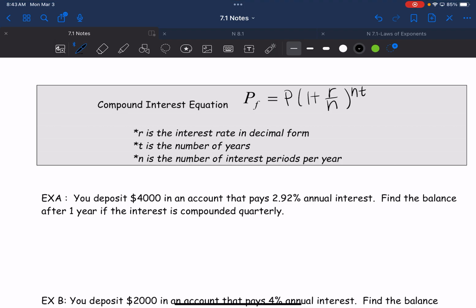T is still time, usually number of years. N is going to be the interest periods that occur during that year.